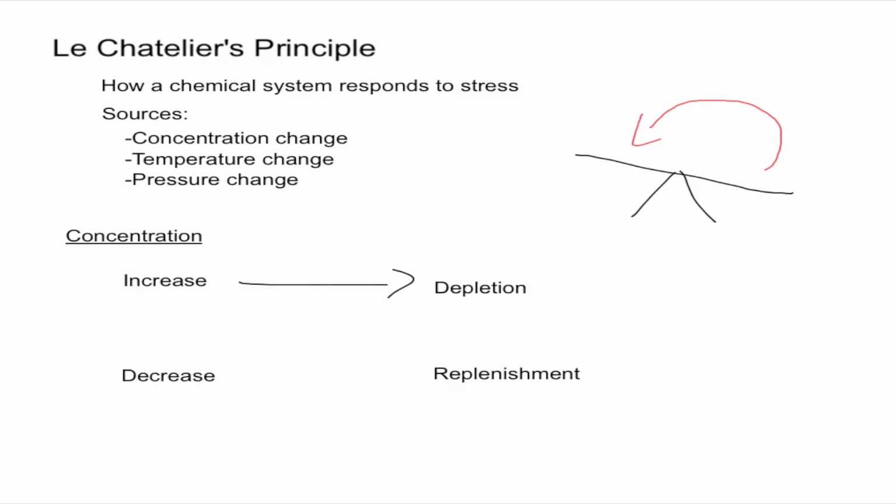If you increased the concentration of the reactant, you will have to deplete that concentration to get the balance to even out. Or another way to think about it: to even it out, you would also form more product, instead of taking out the reactant you just added.